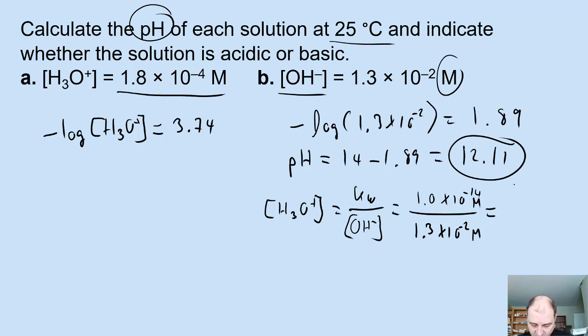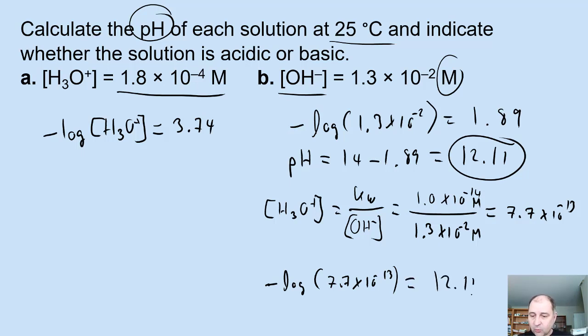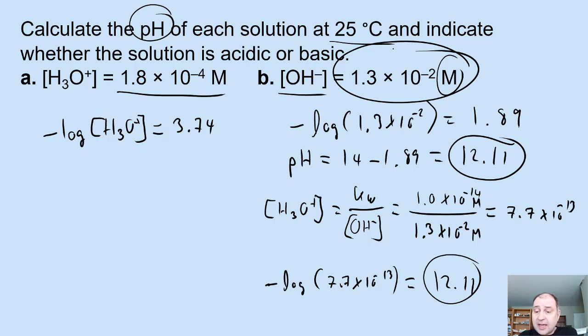And so this gives you a hydronium ion concentration of 7.7 times 10 to the minus 13. And then if you take the negative log of 7.7 times 10 to the minus 13, you get that 12.11, right?